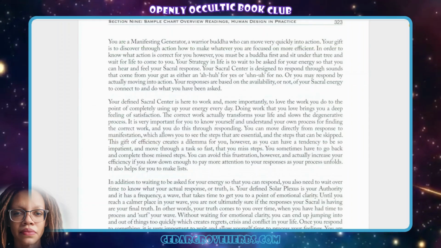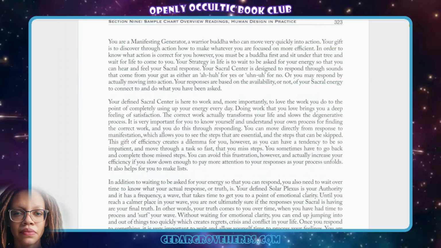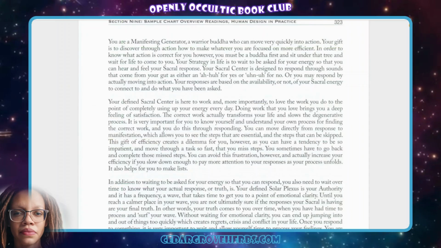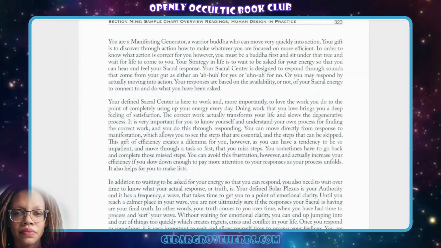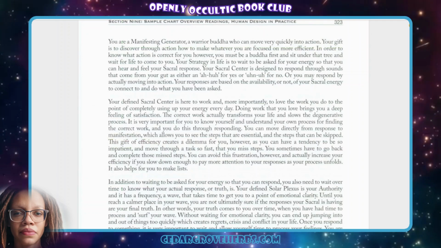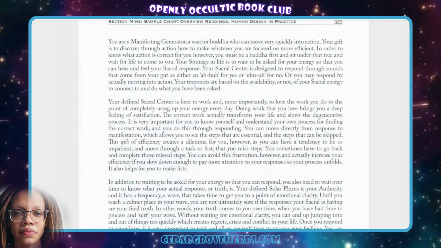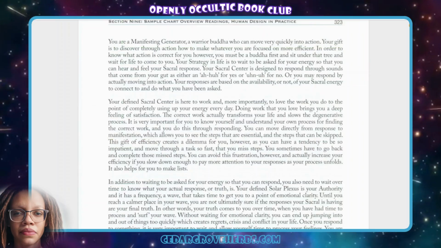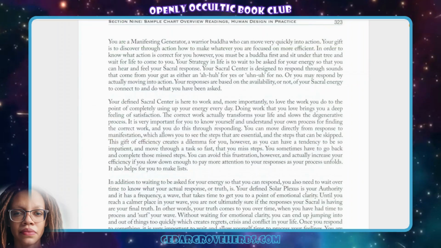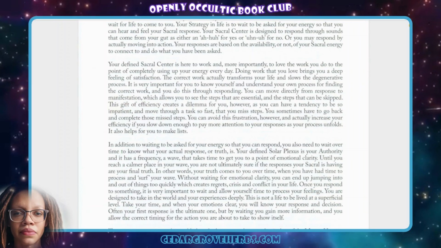This gift of efficiency creates a dilemma for you, however, as you can have a tendency to be so impatient and move through a task so fast that you miss steps. You sometimes have to go back and complete those missed steps. You can avoid this frustration, however, and actually increase your efficiency if you slow down enough to pay more attention to your responses as your process unfolds. It also helps for you to make lists.